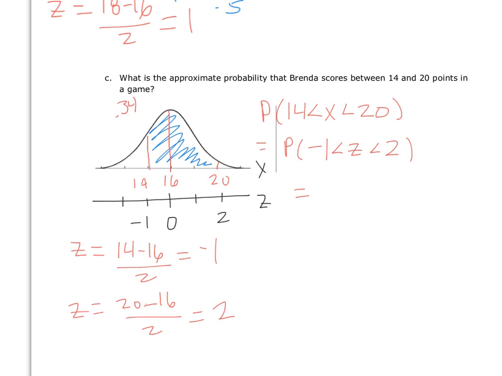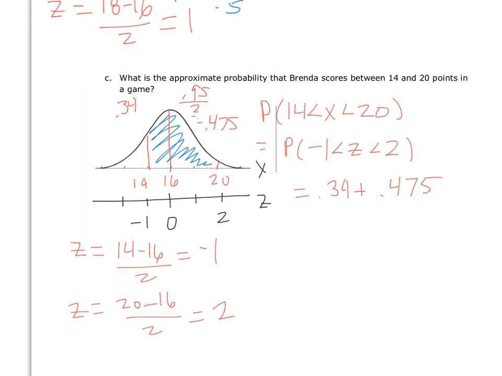So if we look at half of that area, and cut that in half, that gives us 0.475. We add those two pieces together, 0.34 plus 0.475.